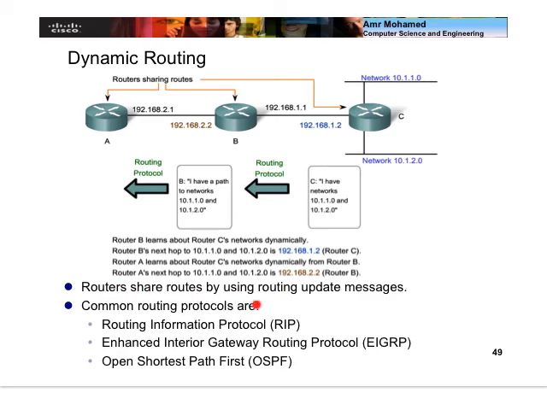The routers share routing information by using what they call route update messages. So part of any dynamic routing protocol is what we call a route update message. A route update message will summarize the information in the table of each router, and then it will send it to all the other routers in the neighborhood.